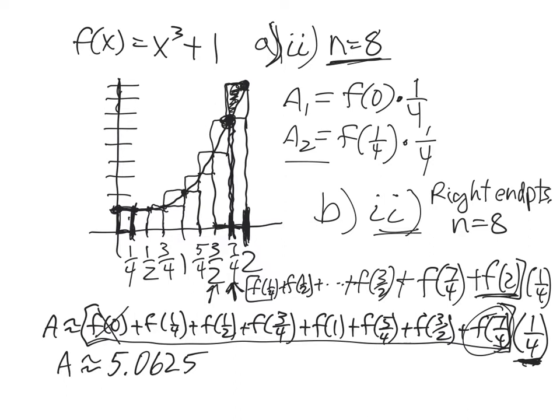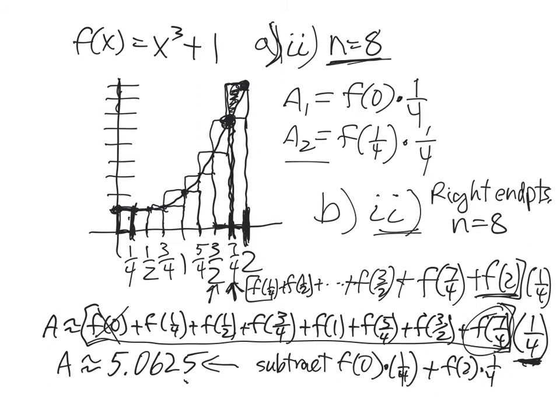To work around this and make it quick to calculate, take your 5.0625, subtract f of 0 times 1/4, and then add f of 2 times 1/4.